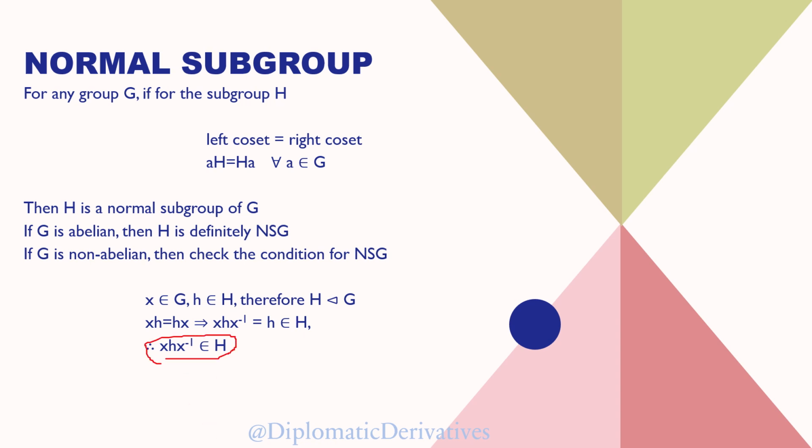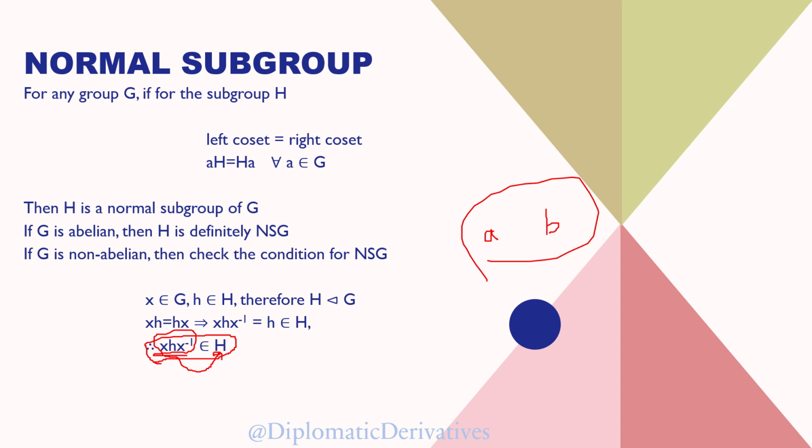It's a very important condition that xhx inverse, this element that you get, has to be present in the subgroup.